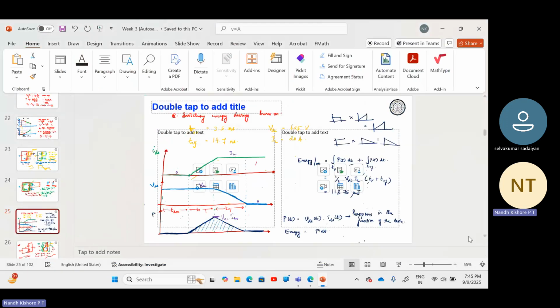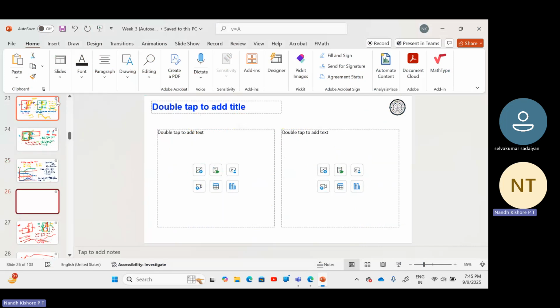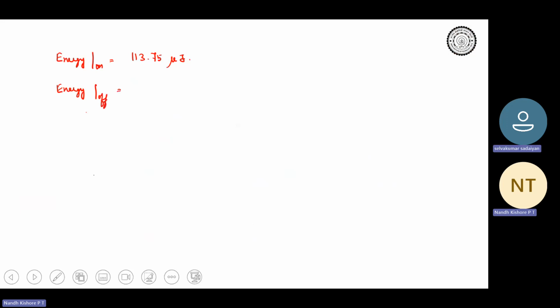So now this was during the turn on, right? Now let's say a similar loss happens during turn off. Energy lost during the on period is 113.75 microjoules. Let's say the energy lost when the device turns off will generally be lesser.